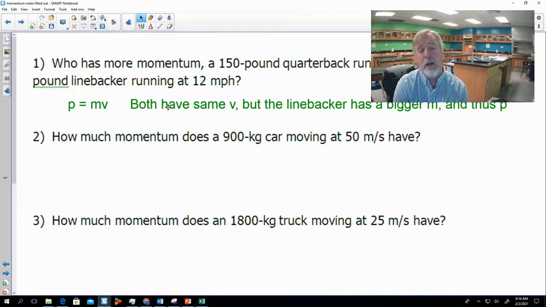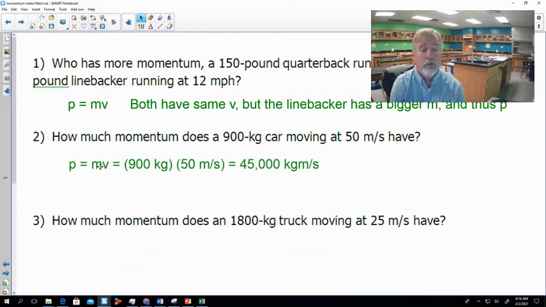If we go on to the second question, how much momentum does a 900-kilogram car moving at 50 meters per second have? That comes right from our definition. Momentum is mass times velocity. We multiply our 900 kilograms by our 50 meters per second, and we come up with 45,000 kilogram meters per second. I want to pause here and note the units we're using, kilogram meters per second.